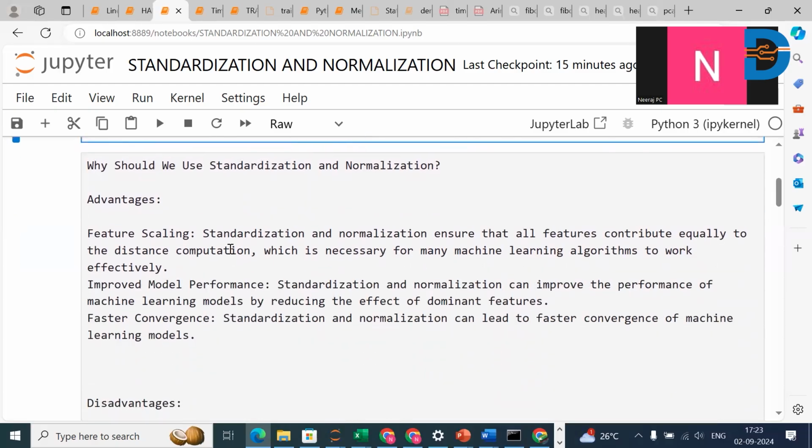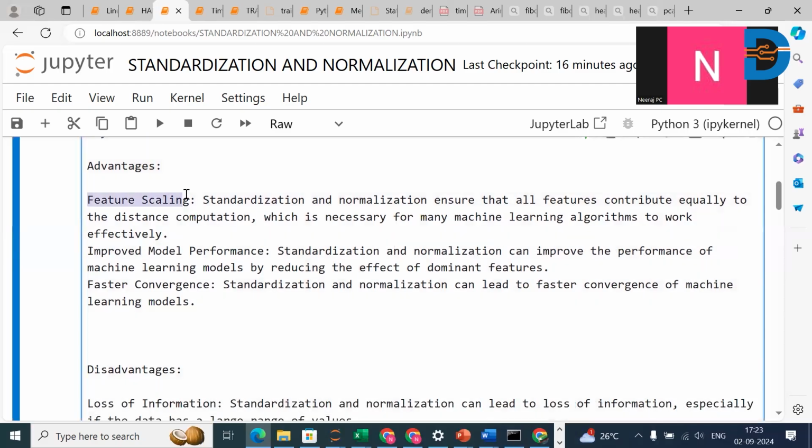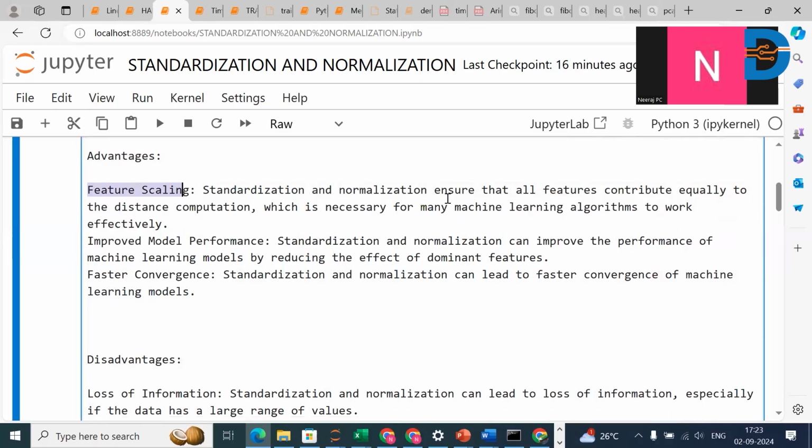So why should we do standardization and normalization? They are part of feature scaling. They ensure that all features contribute equally to the distance computation, which is necessary for many machine learning algorithms to work effectively, and it was seen to improve the model's performance as well.